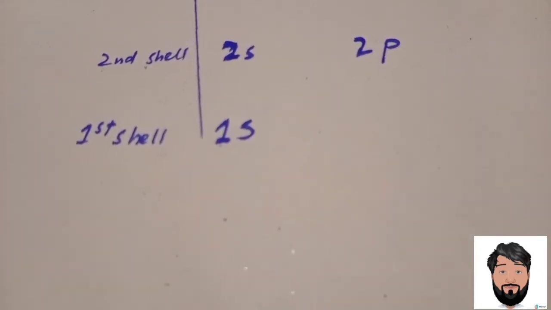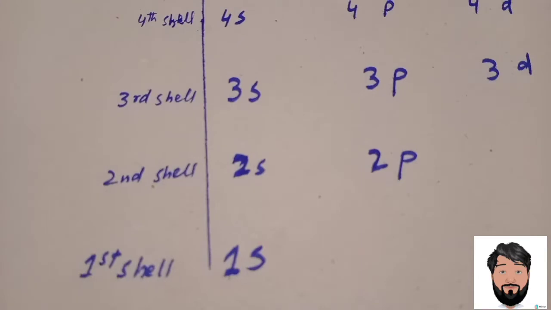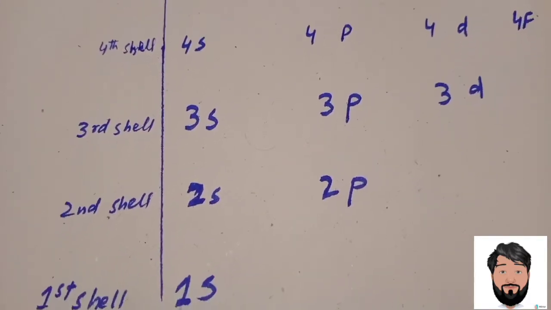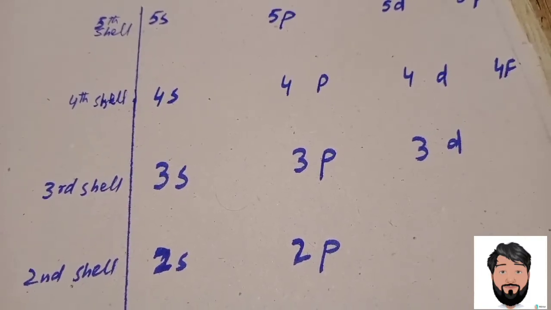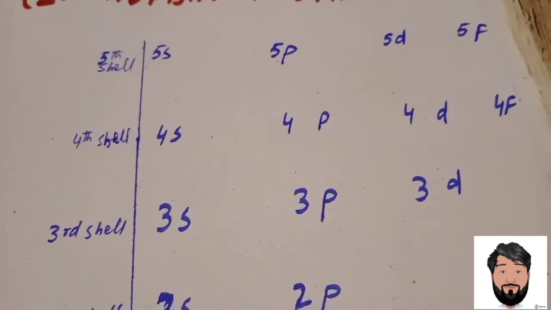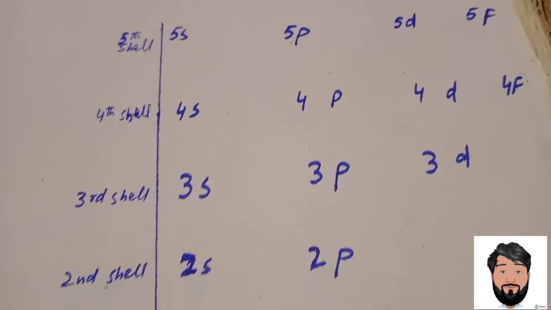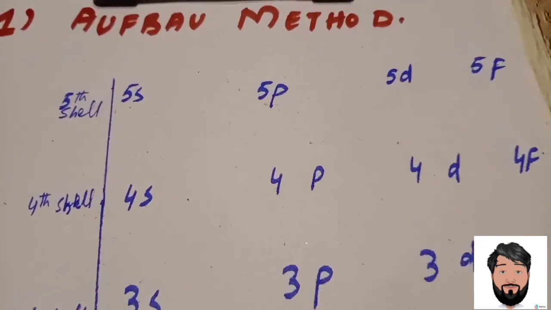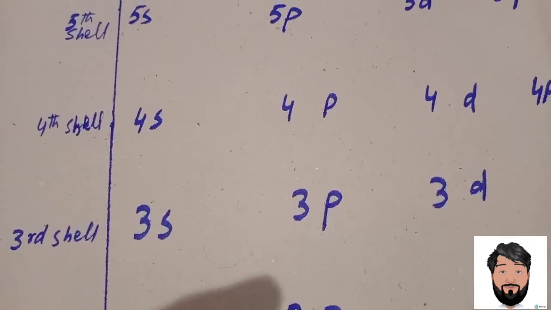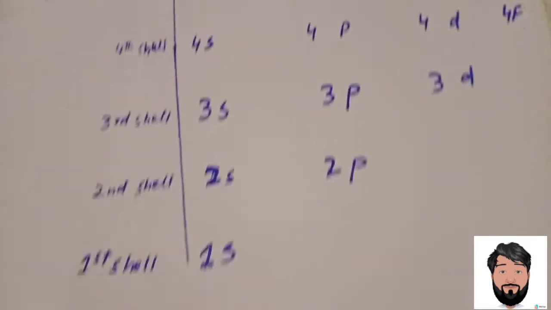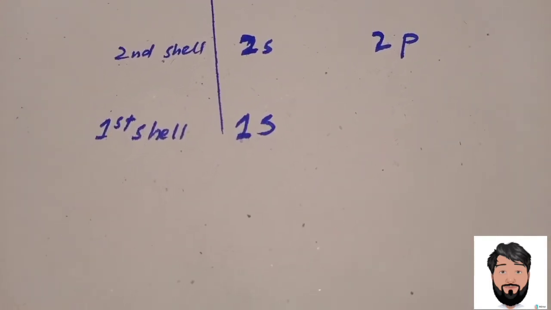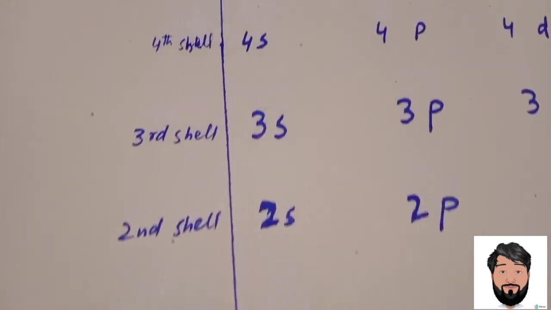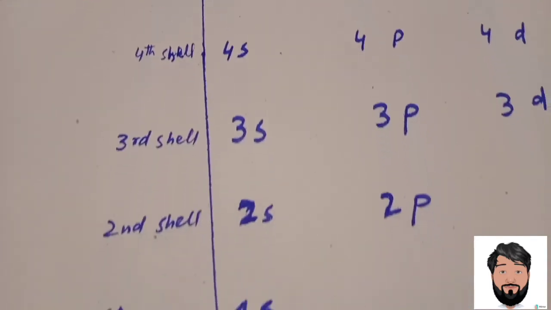The first shell has the lowest energy, the second shell will have higher energy than the first shell but lower energy than the third shell, and the third shell will have higher energy than the second shell but lower energy than the fourth shell, and the fourth shell will have higher energy than the third shell but lower energy than the fifth shell. So energy goes from the first shell to the fifth shell, from lower energy to higher energy.